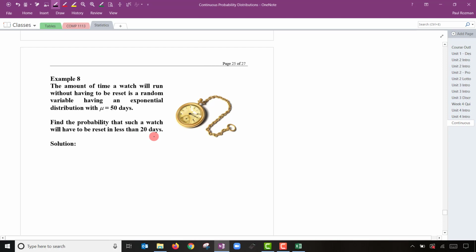So in this case, our beta is the mean, so 50 days. So the rate is one reset per 50 days.